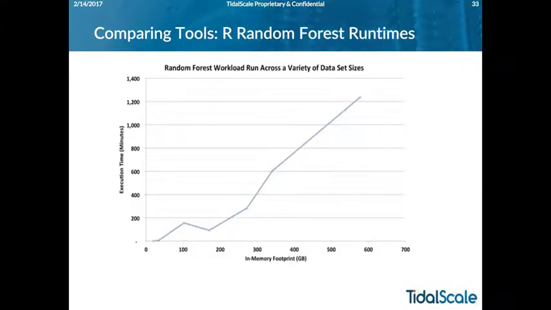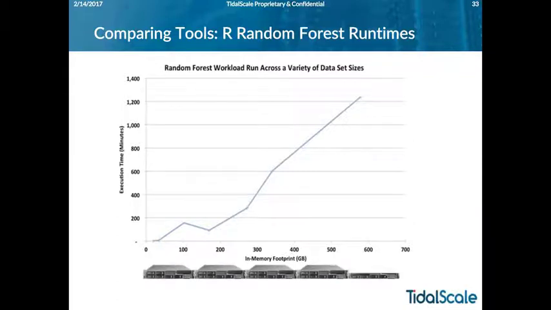All right, so now let's say we want to compare the runtimes. We want to look at the specific tools we have here. As your memory footprint goes up, and you're using random forest, your execution time increases. But you don't fall off that memory cliff.